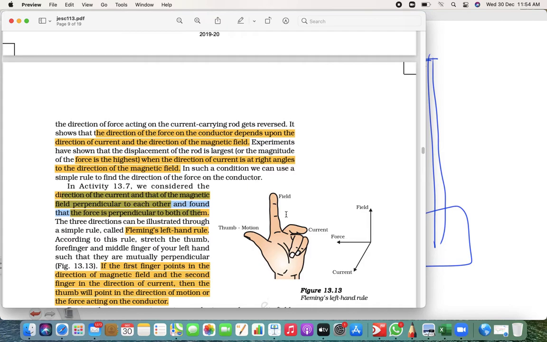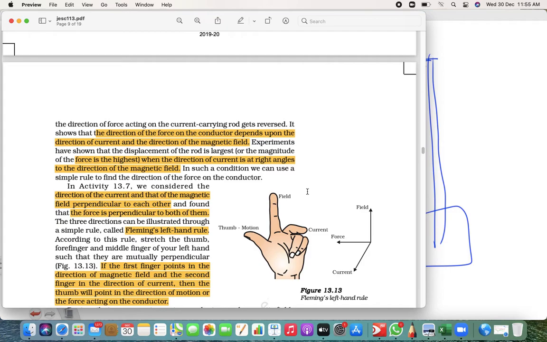Now take your left hand. The first finger gives you the direction of magnetic field. The middle finger gives you the direction of current. They should be perpendicular to each other.